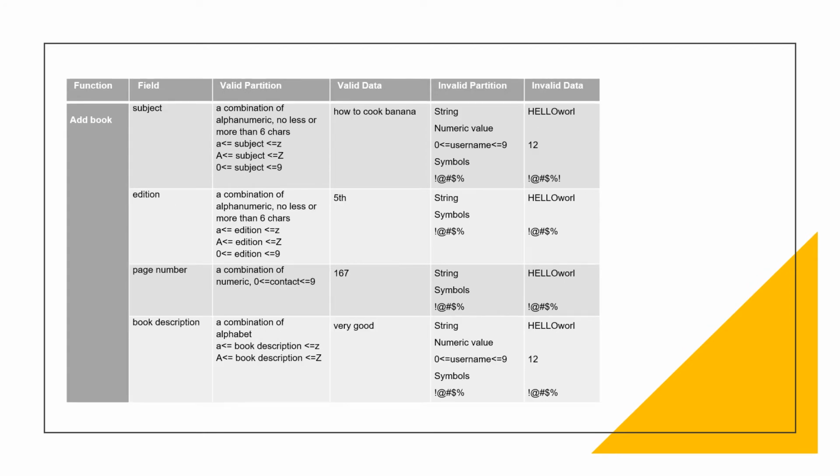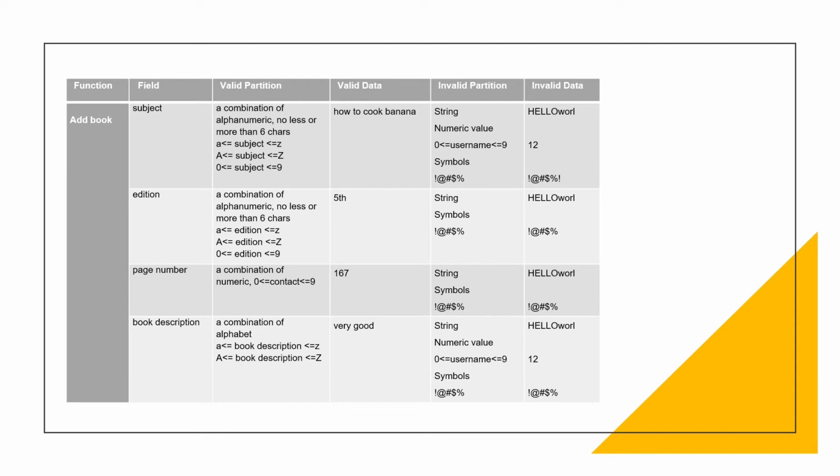Then the next one is subject, and then addition. These two text fields can have a combination of alphanumeric, no less or more than 6 characters, but it cannot have only string or only numeric value.